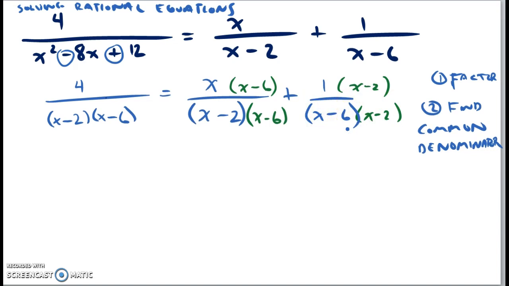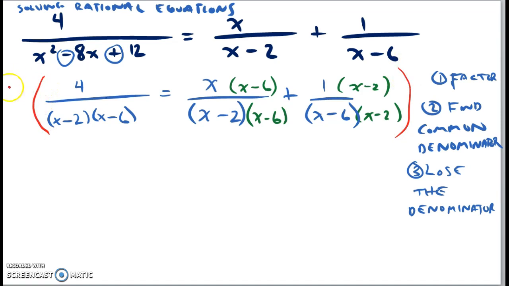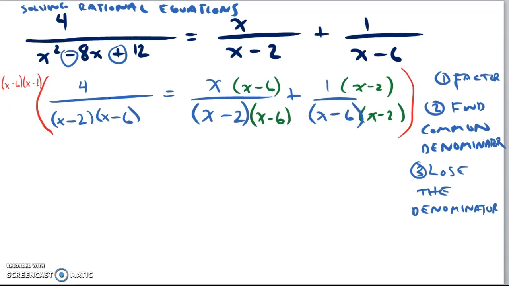So what we can do now is lose the denominator, and the only reason why this is possible is because we can multiply the whole thing by x minus 6, x minus 2. So what's going to happen is all of these are going to cancel out because we're multiplying. This is going to be x minus 6, x minus 2, and cancel.